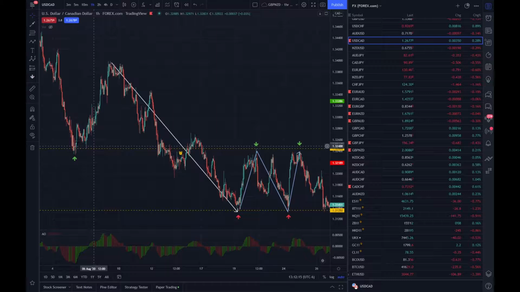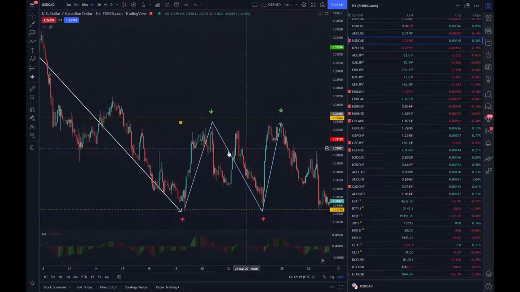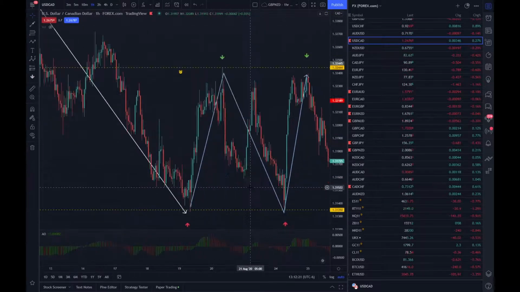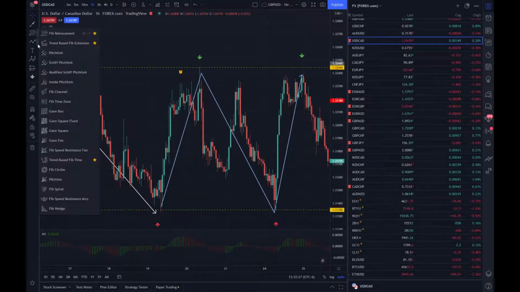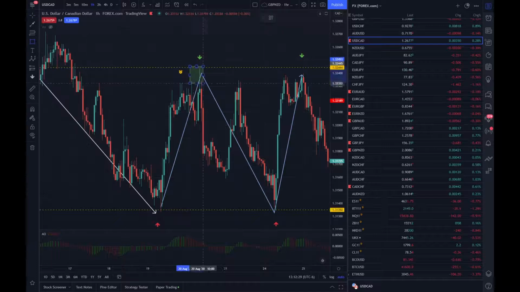But here, again, support broken becomes resistance, just like the textbooks on technical analysis say. And as we observe closer, once again, I see very familiar faces. This is an evening star, which is the opposite of the morning star there. It's a pretty good signal.